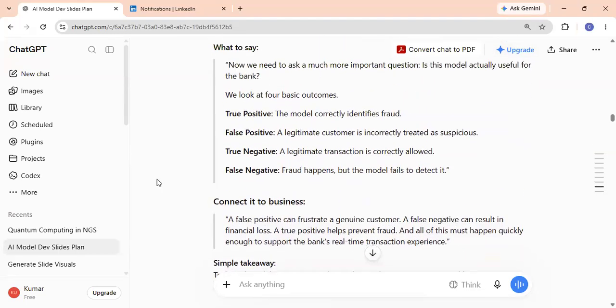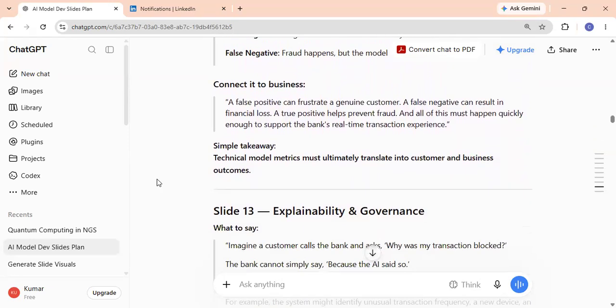Now, connect it to business. A false positive can frustrate a genuine customer. A false negative can result in financial loss. It means if true transactions are defined as false, that is a problem with the customer and with the bank also. Again, if a fraud transaction is there and the model says it is a true transaction, that is also a risk.